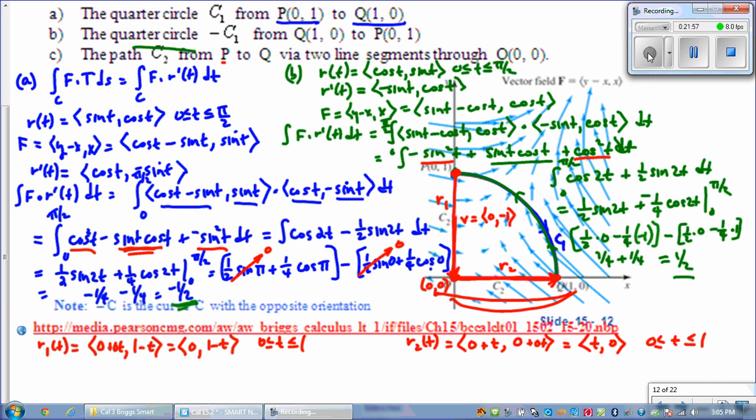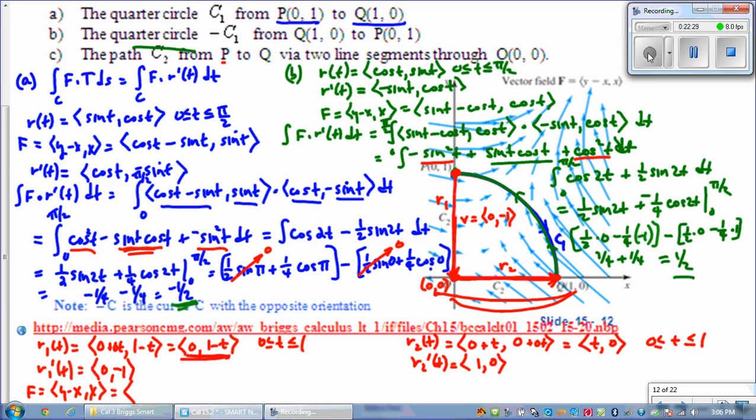Okay, so now let's go ahead and find the derivative of each one. So the derivative of (0, 1 minus t) will be (0, negative 1), and R2 prime will be (1, 0). Okay, so now for each parameterization, I need to write the vector field. The f, which was (y minus x, x), can be written as, now come back up here to your x and your y.